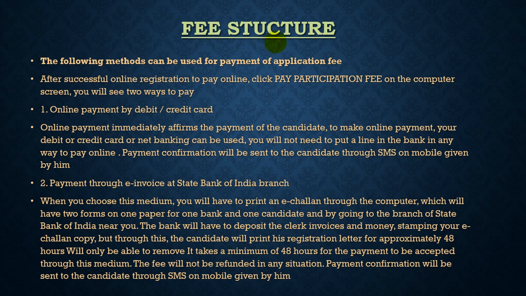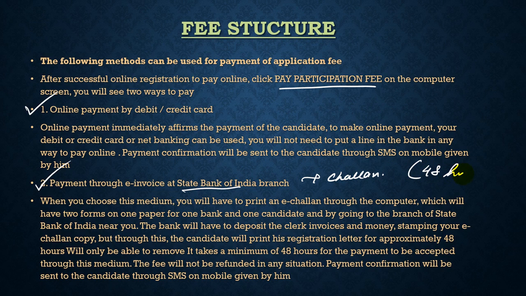So the following methods can be used for the payment of the application fee. After successful online registration, click pay participation fee on the computer screen, and you will see two ways to pay. One is online payment, which is by debit card, credit card and so on, and you can pay through an e-invoice, where you will be given a challan and you will have to get it drawn on the State Bank of India within 48 hours.